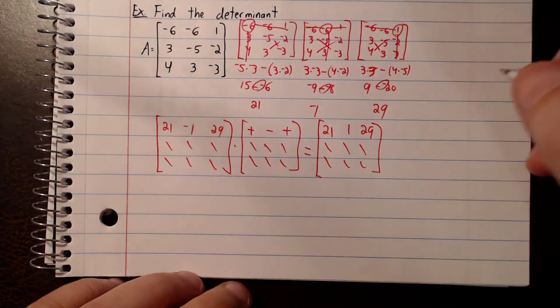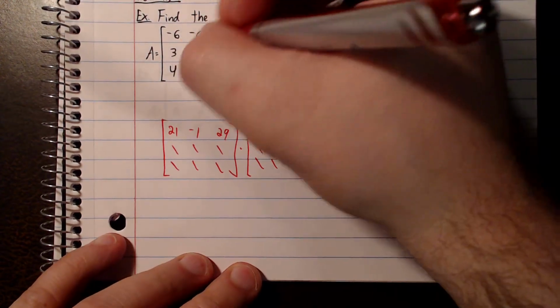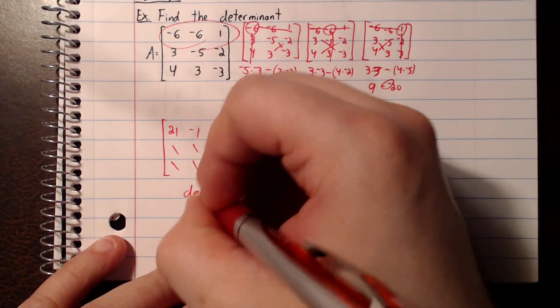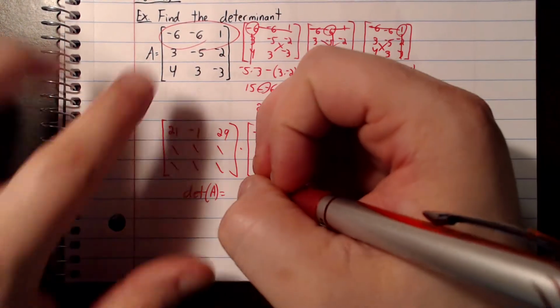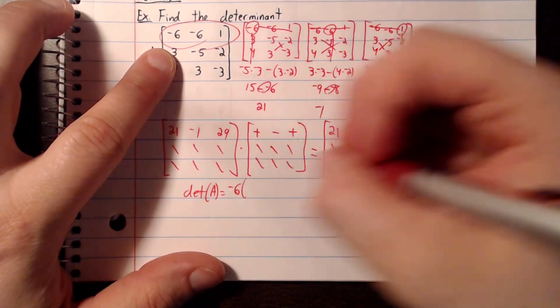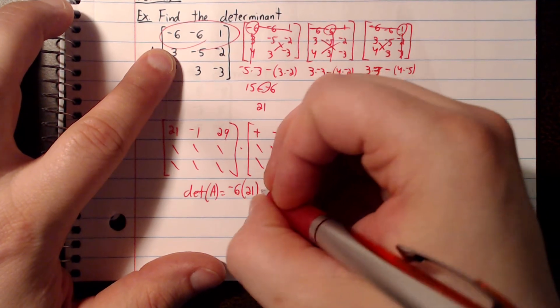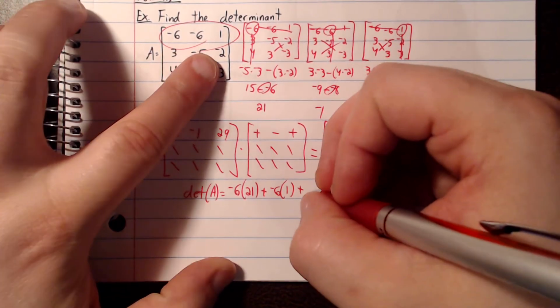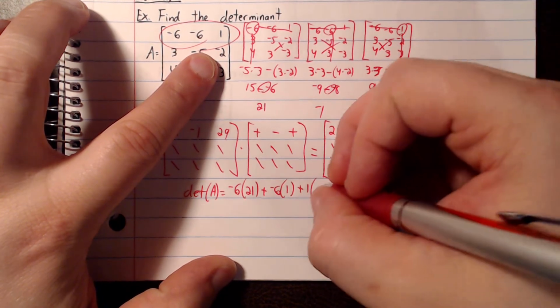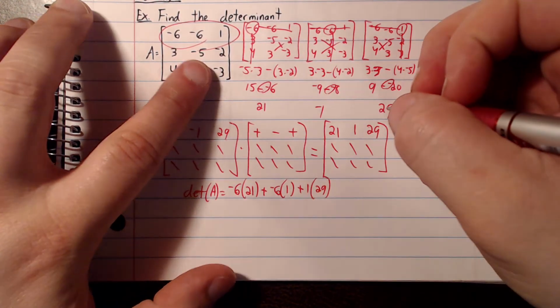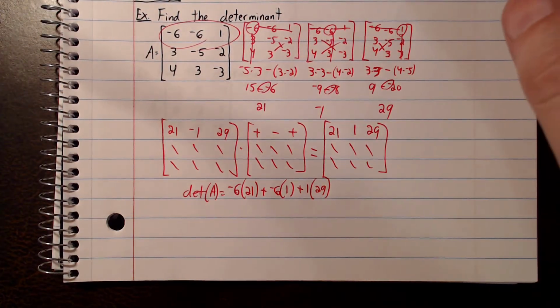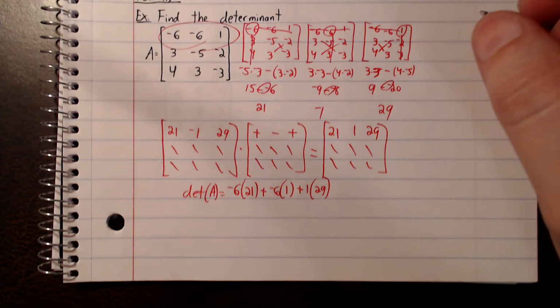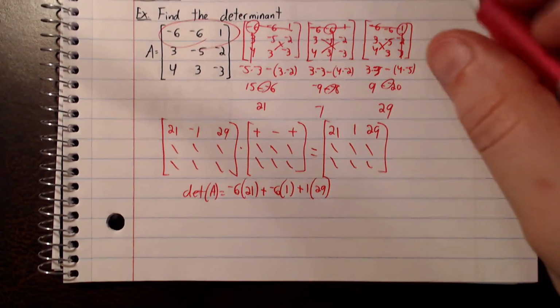So now when I do the determinant math here, we're doing this top row. So the determinant of A is going to be negative 6 times 21 plus negative 6 times positive 1 plus 1 times 29. Okay, got your either math thinking caps or calculator.